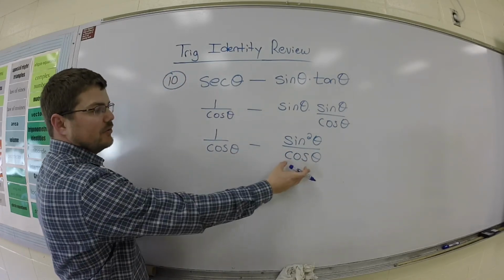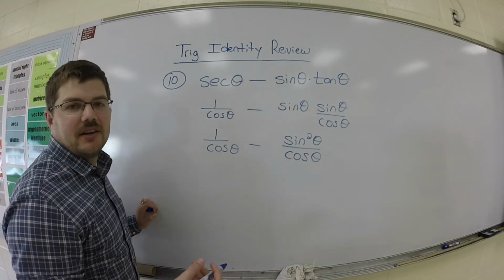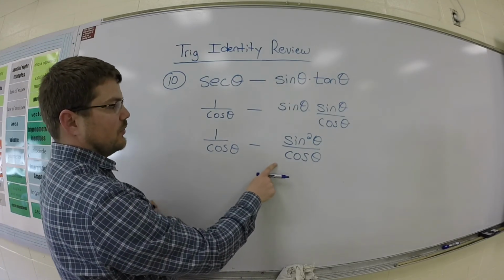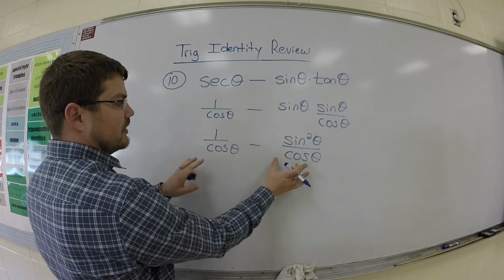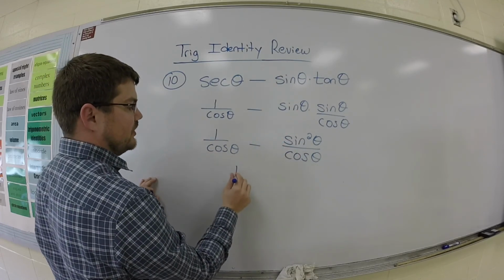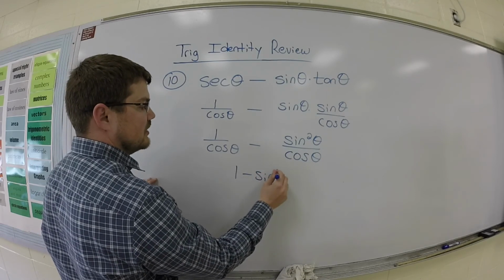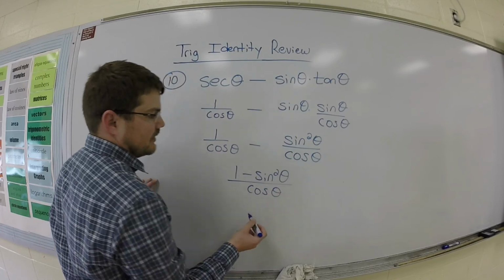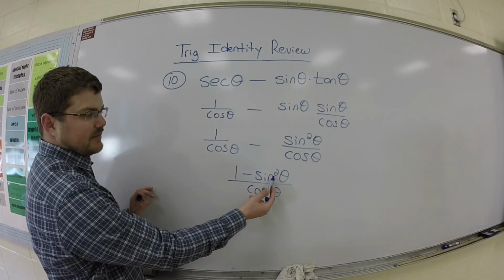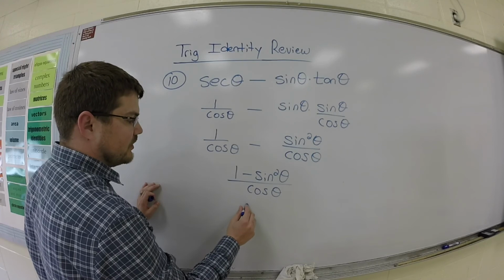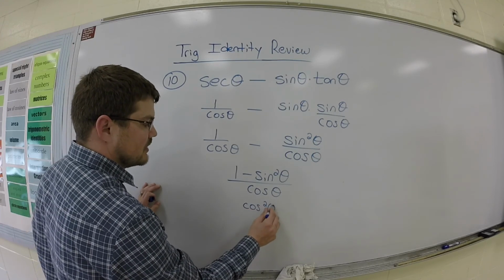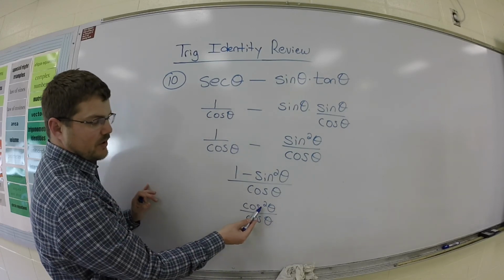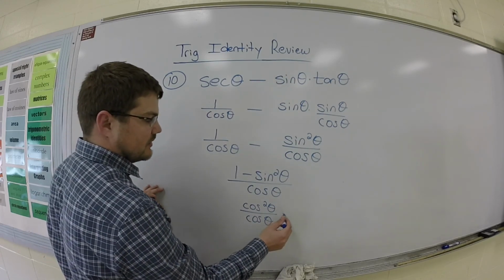We're subtracting two fractions. You have to have the same denominator if you're adding or subtracting fractions. We do. And so now we'll combine our numerators and put over our common denominator. So this is 1 minus sine squared over cosine. Pythagorean identity, 1 minus sine squared, that's cosine squared, over cosine. Cosine squared divided by cosine is just cosine.